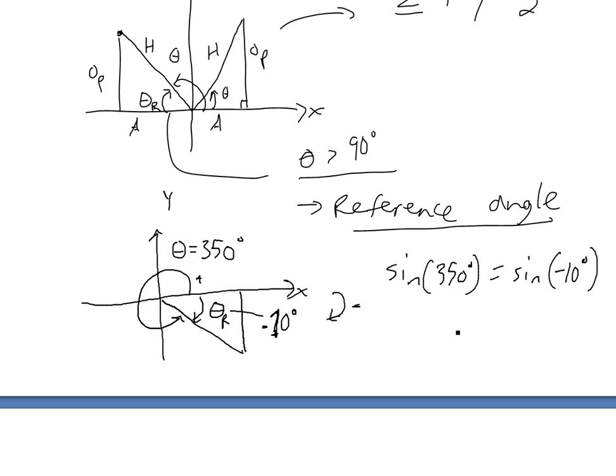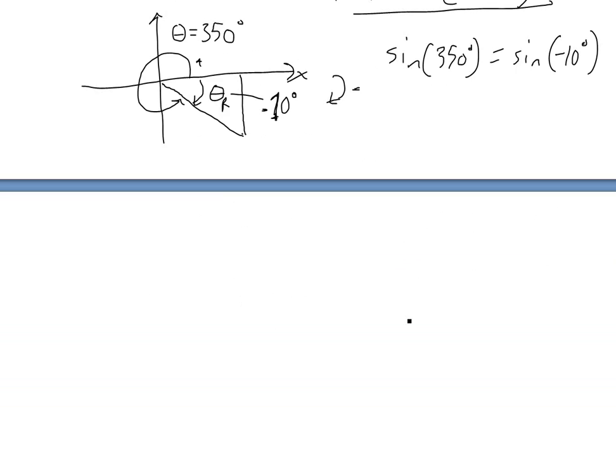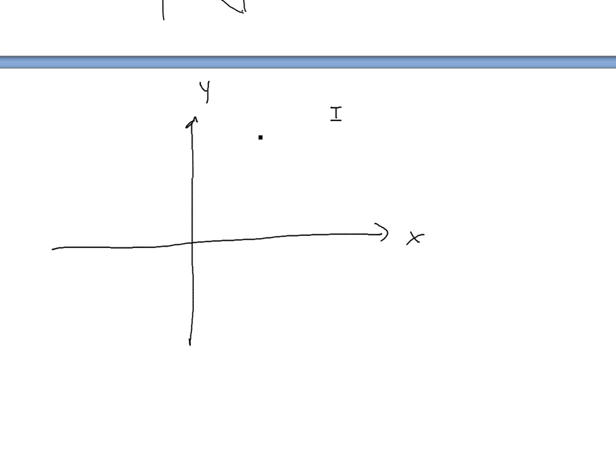If we look at these negatives, I'll show you how to deal with those. Let's look at the first quadrant. This is x, this is y. We'll call this quadrant 1, this is 2, this is 3, and this is the fourth quadrant.